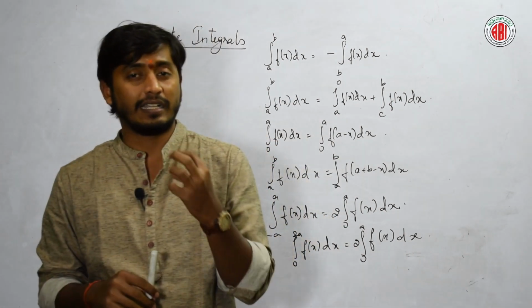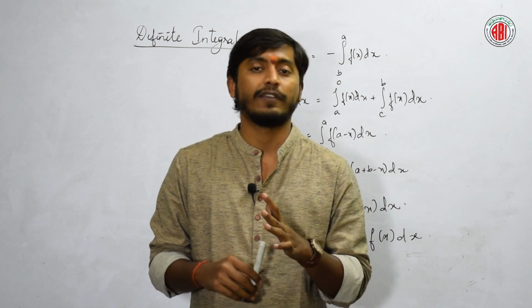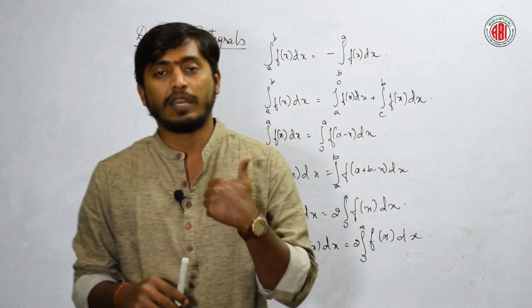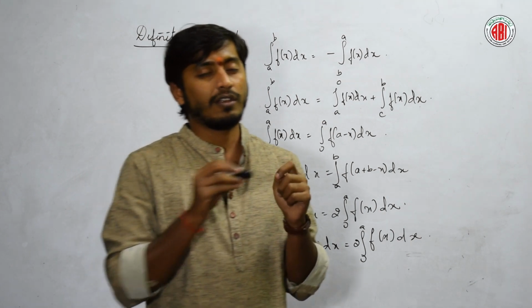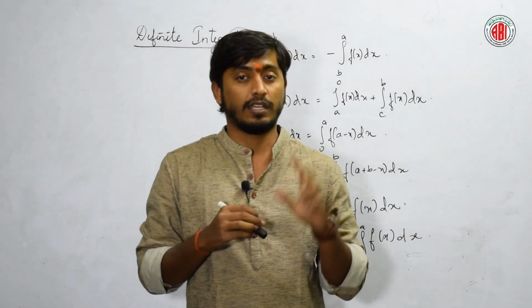What is this particular term? I will give you a brief introduction about what are indefinite and definite integrals. If you remember, in indefinite integrals, we always used to write plus c. Why? I gave you a simple explanation in the introduction.